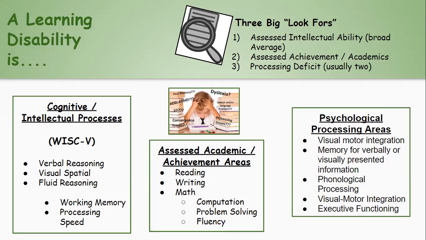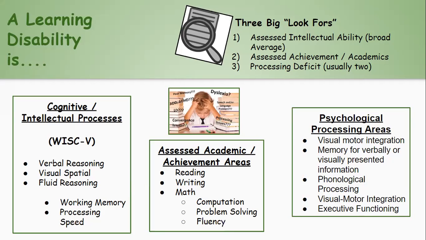The first 3 bullets, verbal reasoning, visual spatial, and fluid reasoning, look at a child's ability to think, reason, problem solve, and understand. It does it all with words, and then the second 2, visual spatial and fluid reasoning, it does with pictures and visual things.